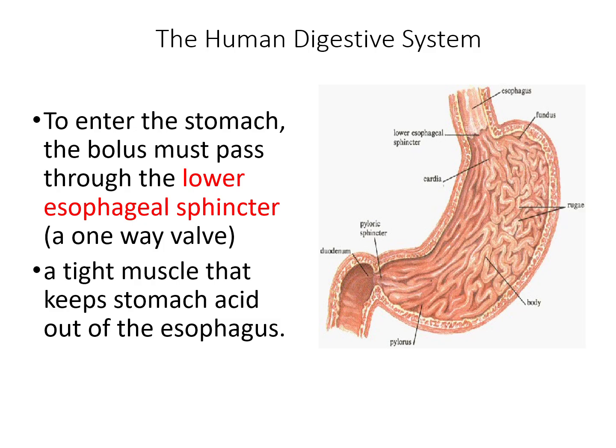Now, after it has gone through the mouth and the esophagus, the bolus now reaches the stomach. The stomach also has a sort of gate called the lower esophageal sphincter. This is a tight muscle that prevents acid from entering the esophagus.